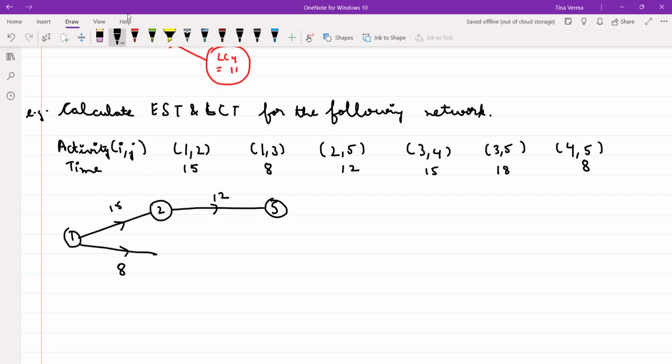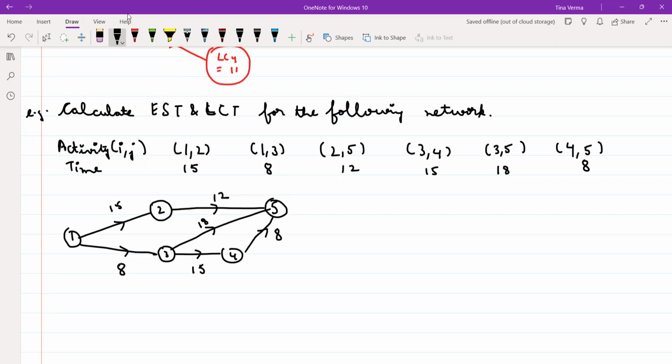For going 3 to 4, I require time 15 units. For going 3 to 5, I require time 18 units. For going 4 to 5, I require time 8 units. Is it clear?